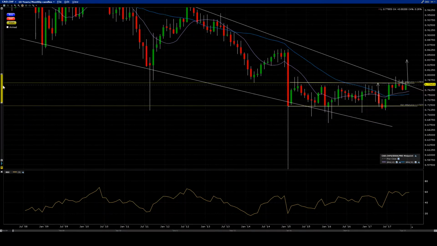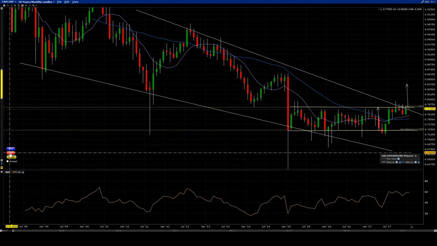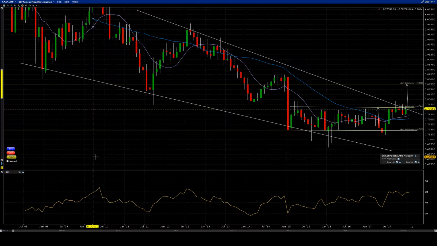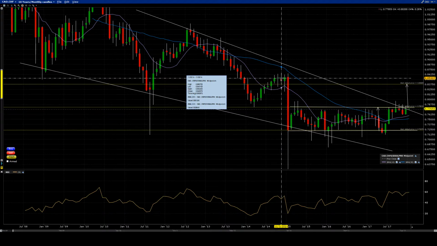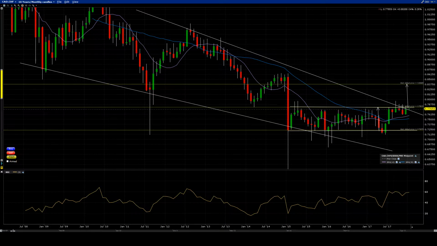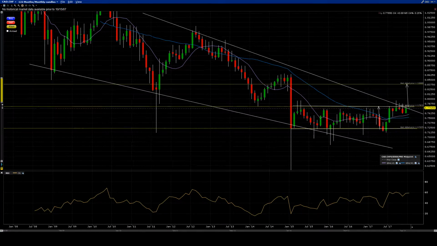So our first target would be right there around the .83 level. I'm going to send another alert here. This also coincides with a congestion area of some more resistance. But the real gem right here is a falling wedge pattern.